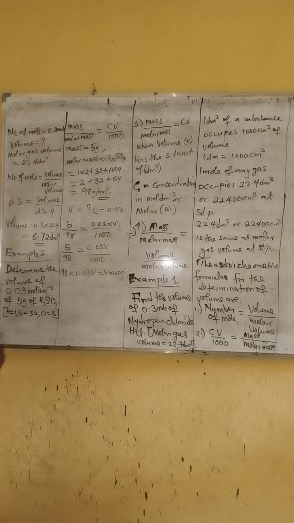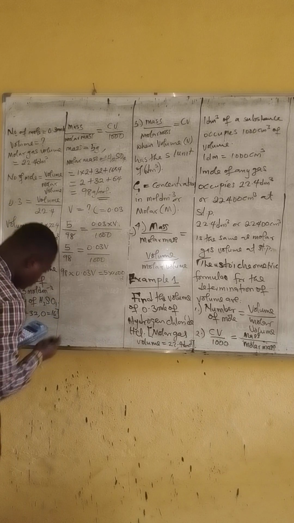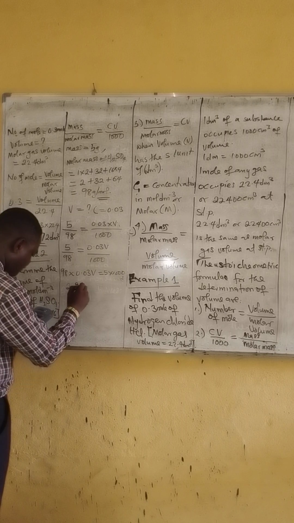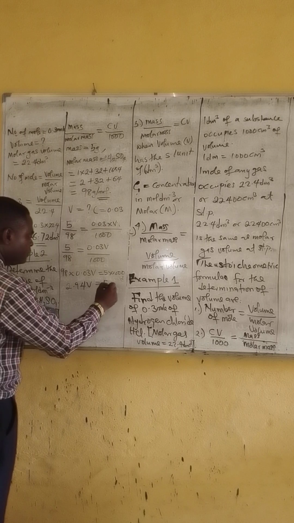So by our calculator, we have 98 times 0.03. And the answer is 2.94 V, is equal to 5000.